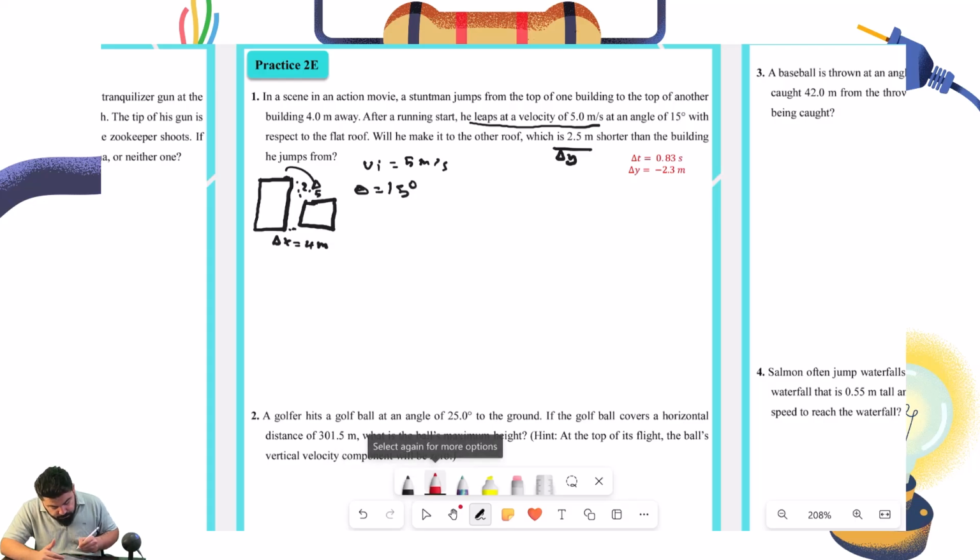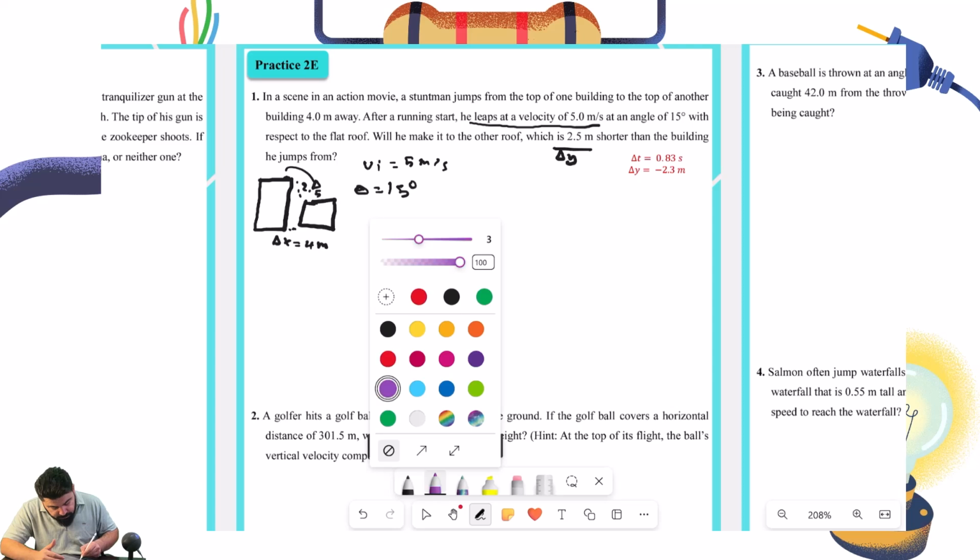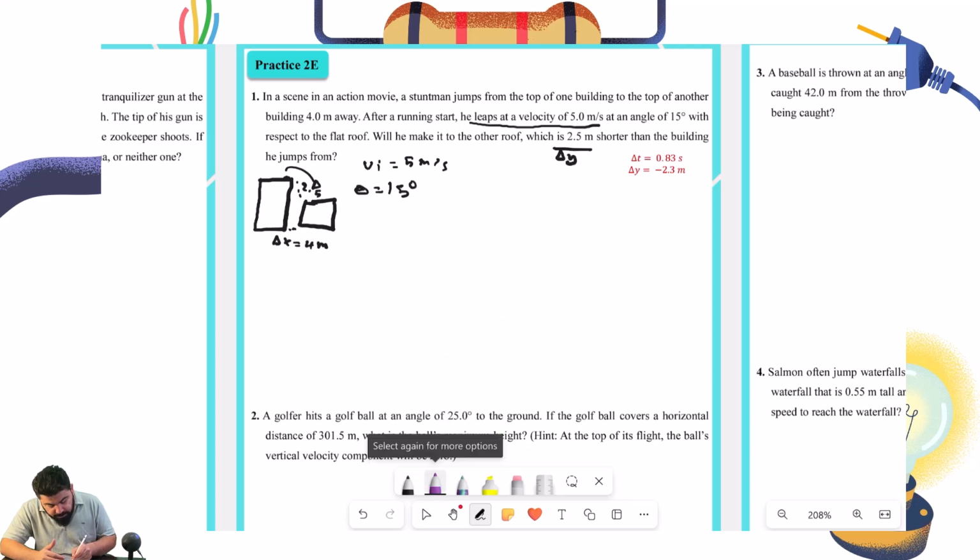Okay, so let's use a different color. Remember, for finding delta t, we only have this equation, which is the horizontal one. v initial cosine theta is equal to delta x divided by delta t.